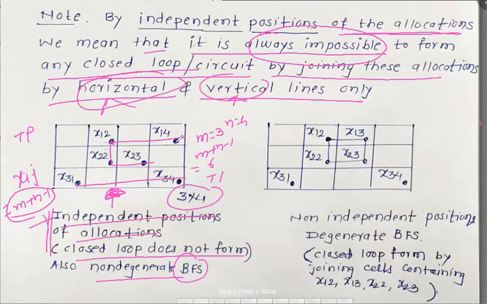That is, joining these positive allocations using horizontal and vertical lines, a closed loop or circuit does not form. So by definition, it is a non-degenerate BFS.